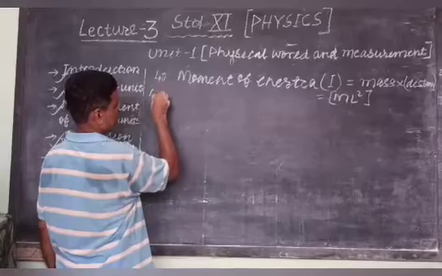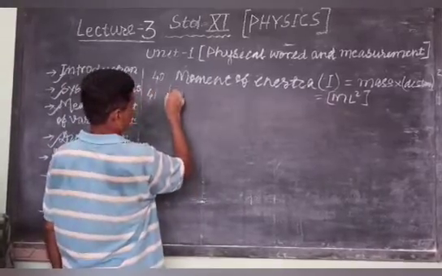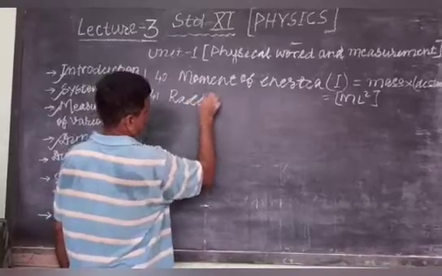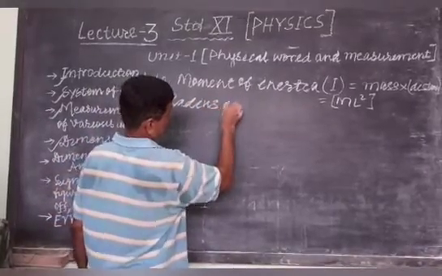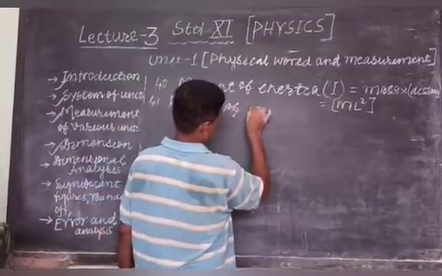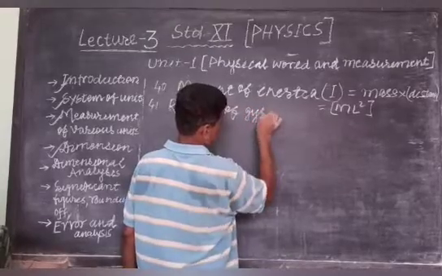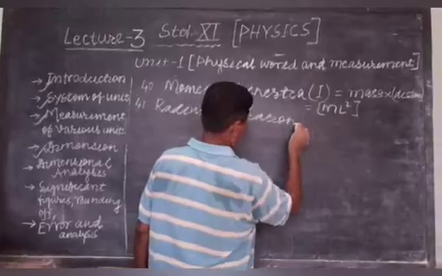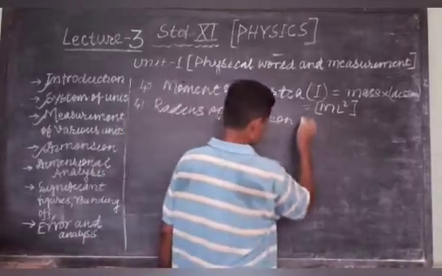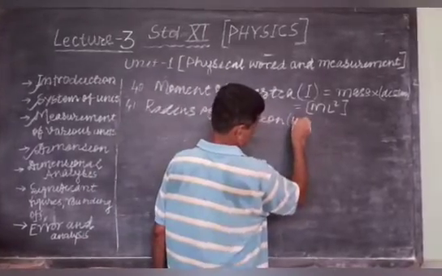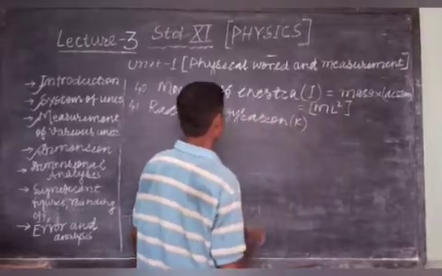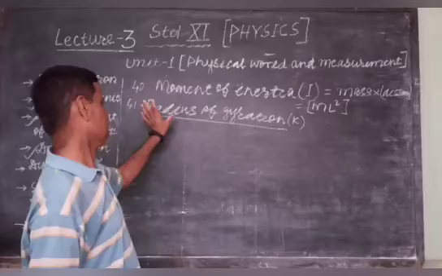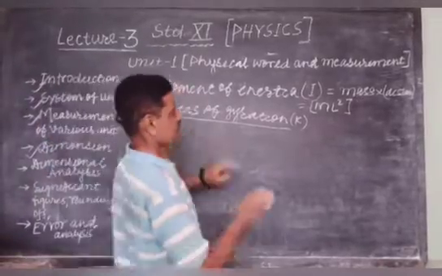Serial number 41 is your radius of gyration. It is denoted by K. It is related to the term radius.